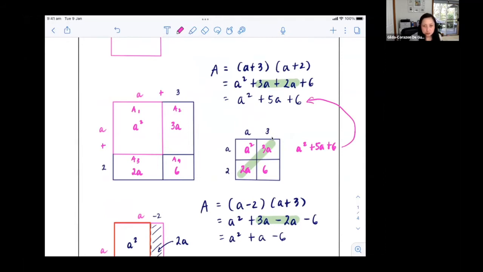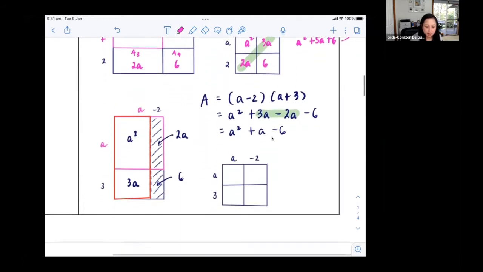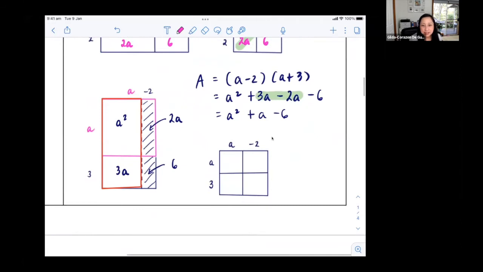Okay, so you don't have to draw perfectly looking squares or rectangles. Even if it's a minus, you don't have to draw that it's taking out or getting rid of that bit of the shape. You can just draw a 4-window shape, and you have a minus 2 on one side, a plus 3 on the other. What is A times A equal to?